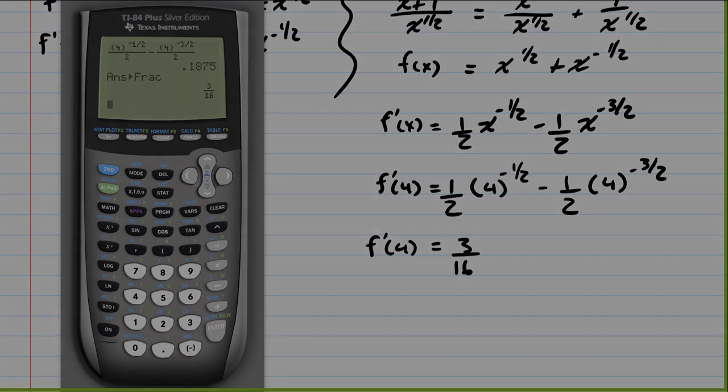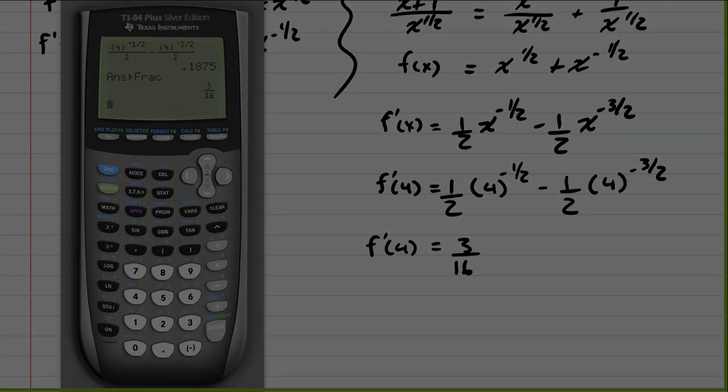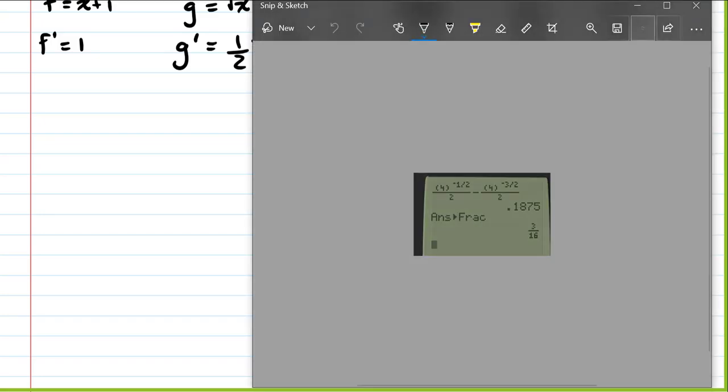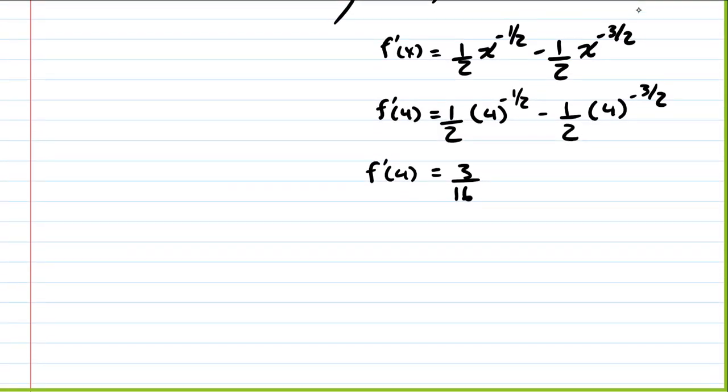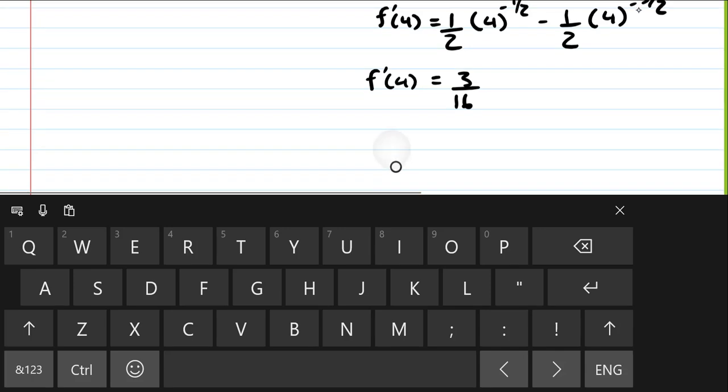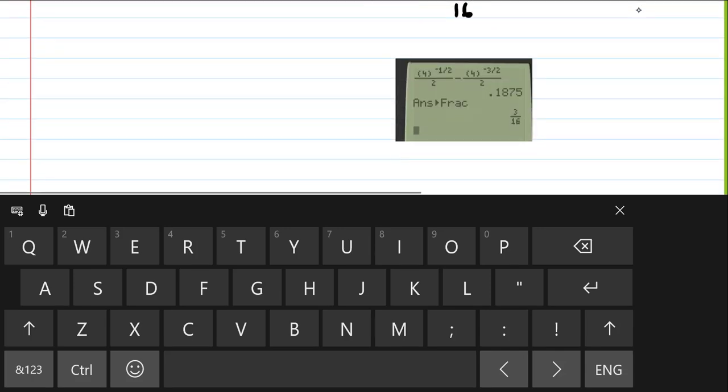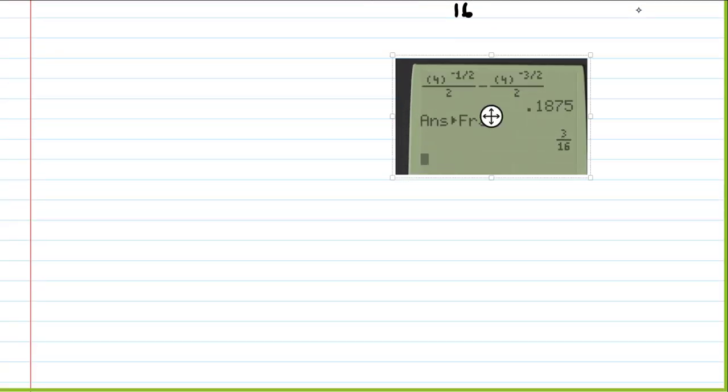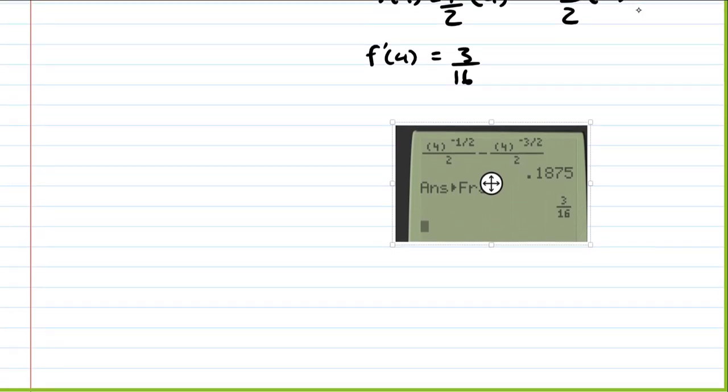If you really wanted to, you could do a whole bunch of algebra and simplify that down, but you can always just feed it to your calculator after you've taken the derivative, which is probably the easiest way to do that. So we get that our f prime of 4 is 3/16.